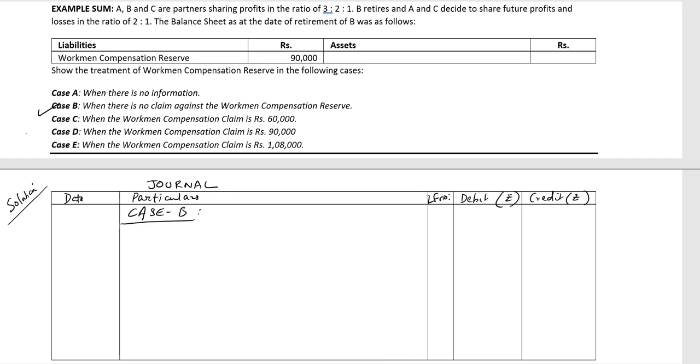So the entire Workmen Compensation Reserve of rupees 90,000 is free and we can distribute it among all the partners A, B, C in their old profit sharing ratio. So the answer is the same as case A, when there was no information and we assume that the claim was 0.